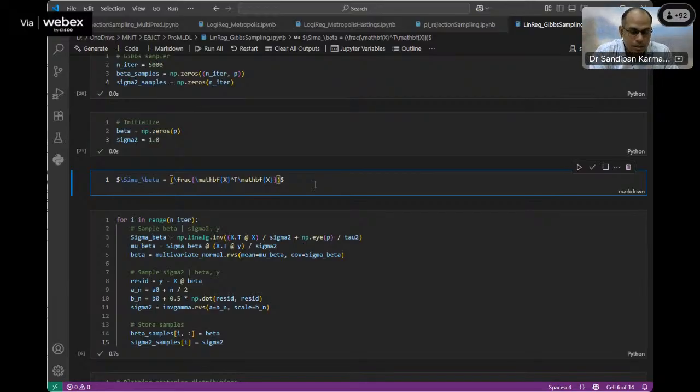So the fraction of this divided by sigma square plus the identity matrix I divided by tau square, that is 1 divided by tau square.